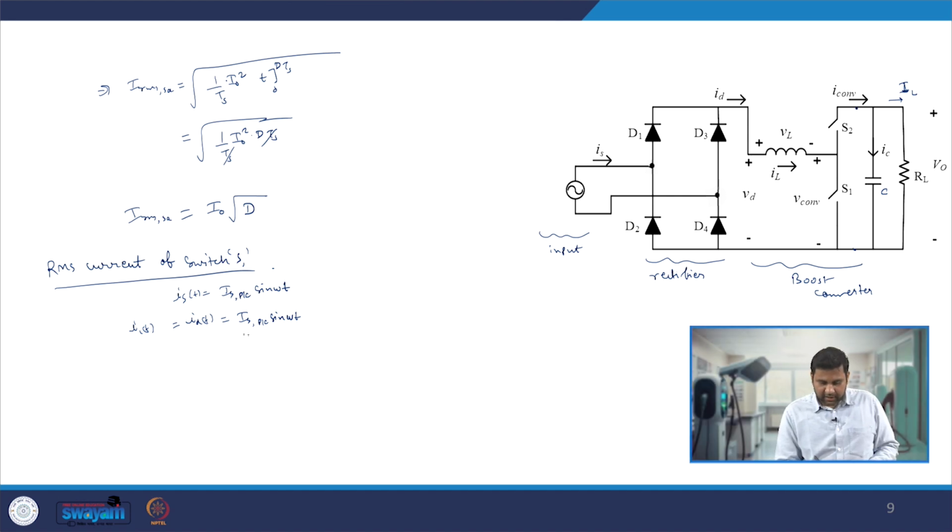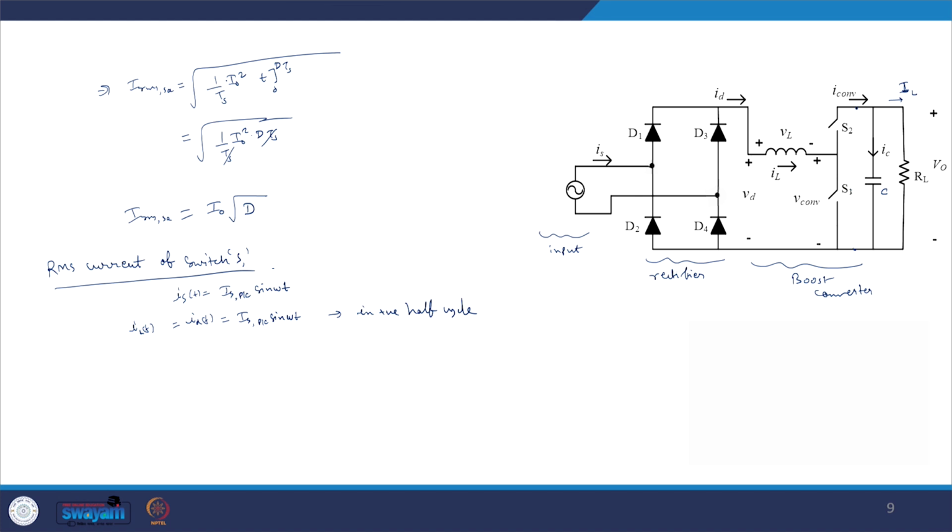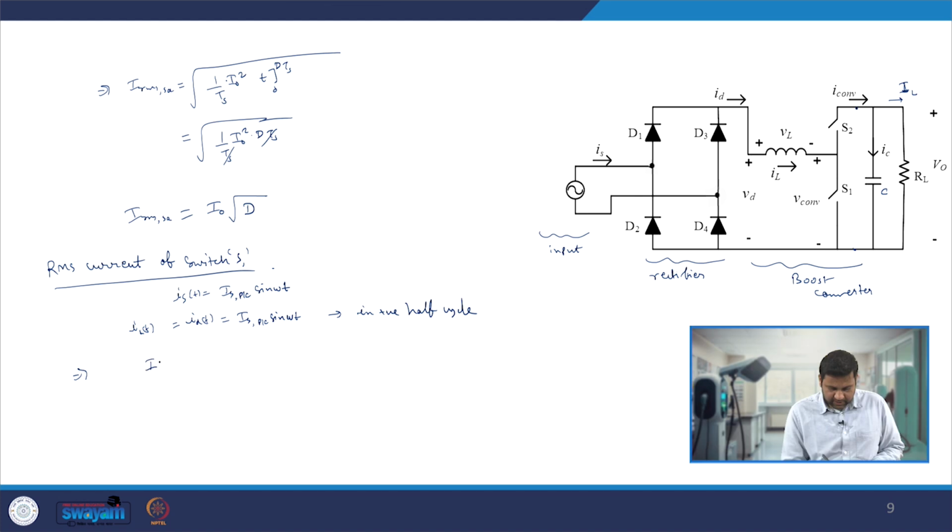So that particular thing has been neglected here. We have taken the approximation that the current flowing through this one is this in the positive half cycle, and that current is the one which flows through the S1 switch when it is on during DTS period. So we can easily write the RMS value of the current going through switch S1 as 1 by T by 2.